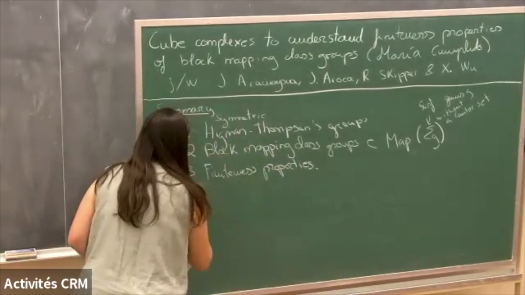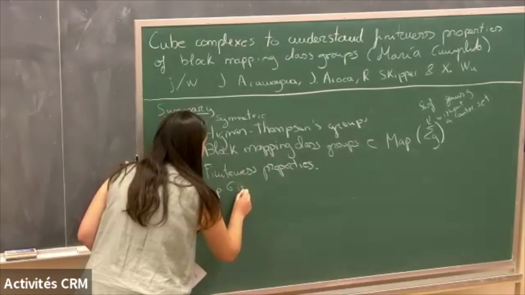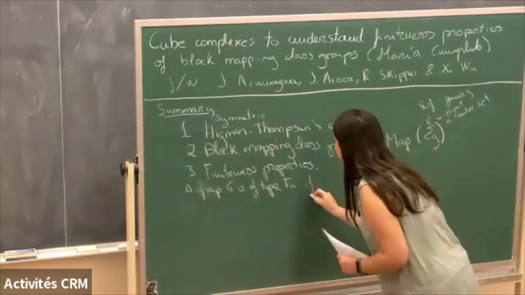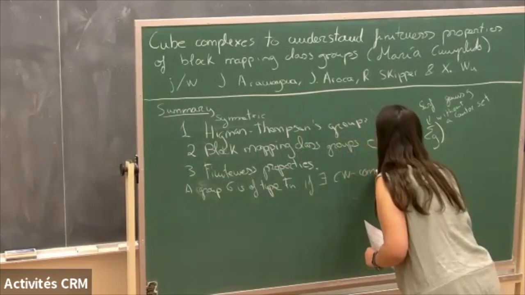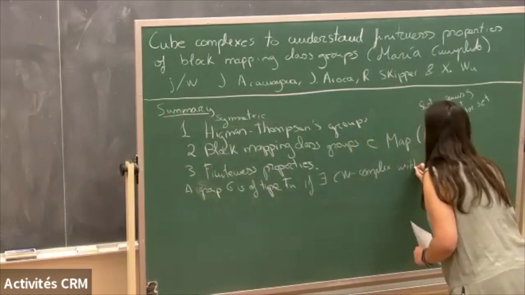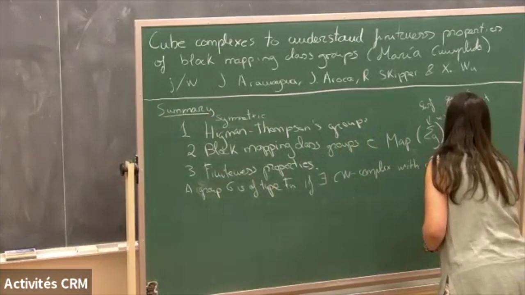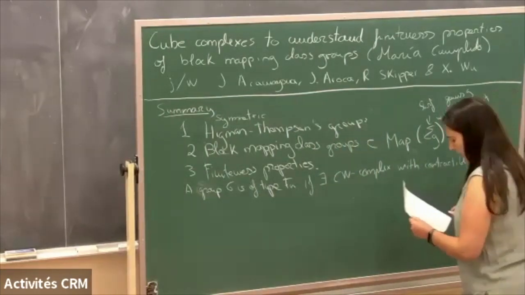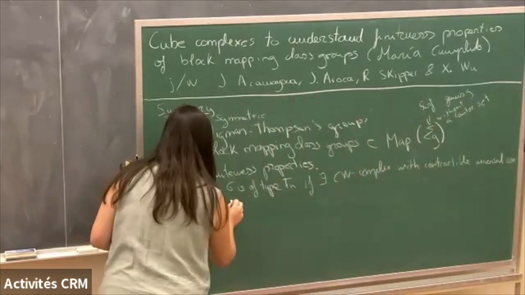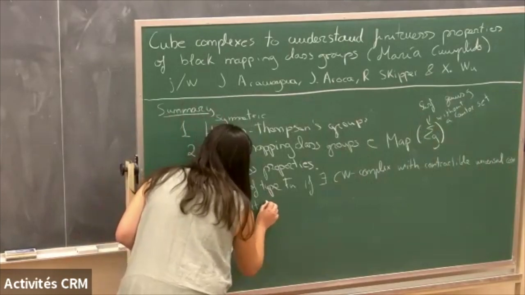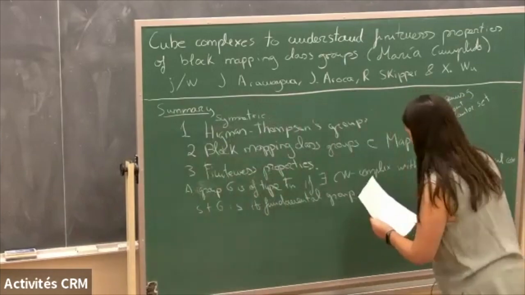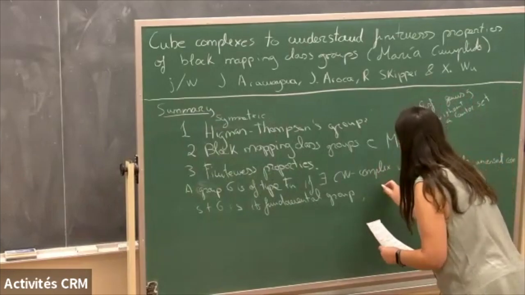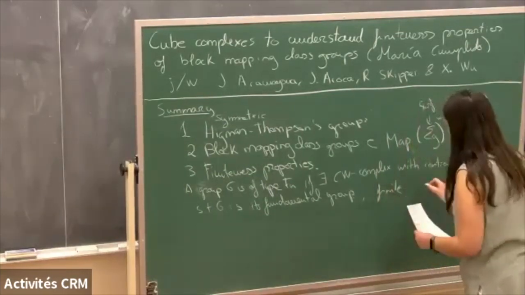So a group G is of type Fn if there exists a CW complex with contractible universal cover, such that G is its fundamental group, and this has a finite n-skeleton.